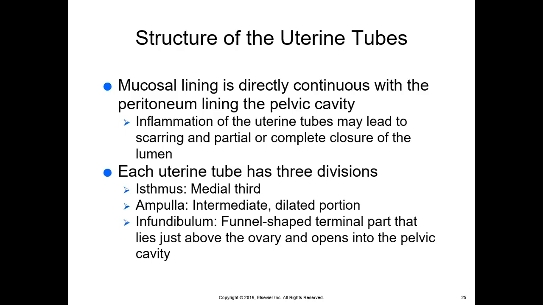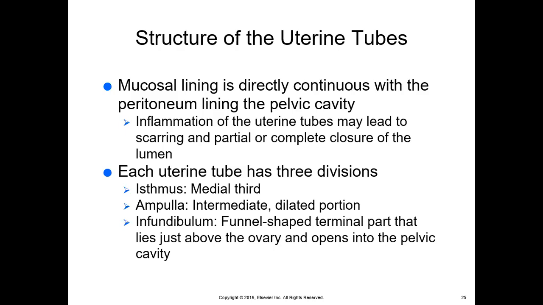And then each uterine tube has 3 divisions. The isthmus, which is the medial third. It's broken up into thirds. So that's the part that's closest to the midline. The ampulla is an intermediate dilated portion.